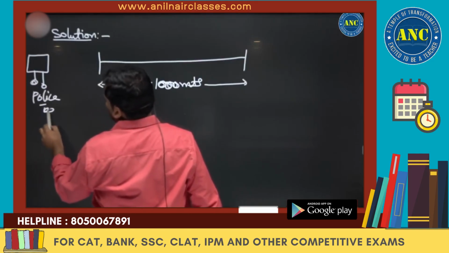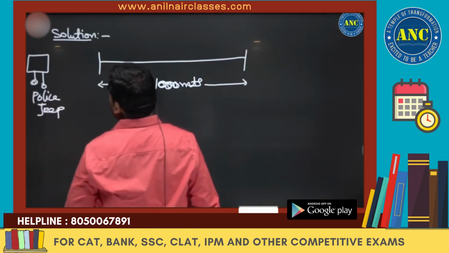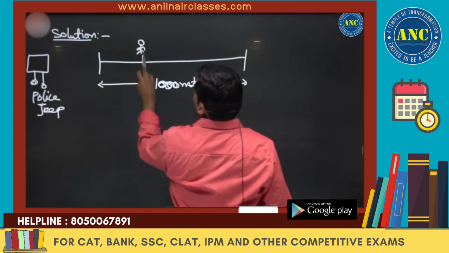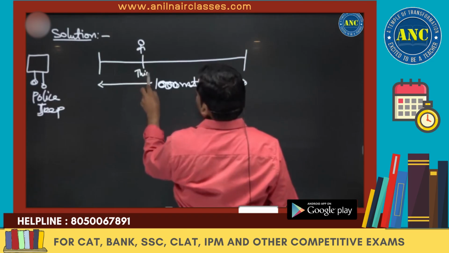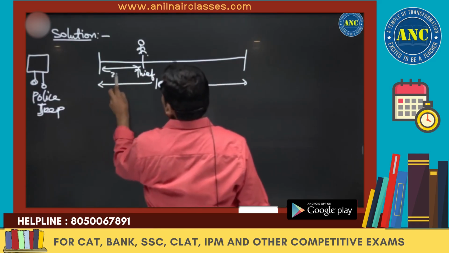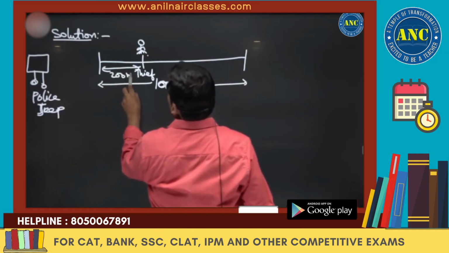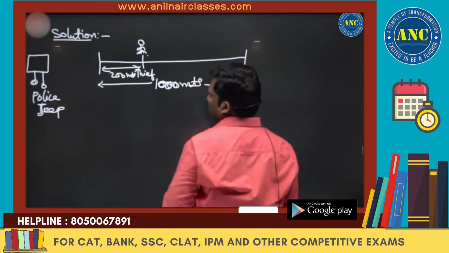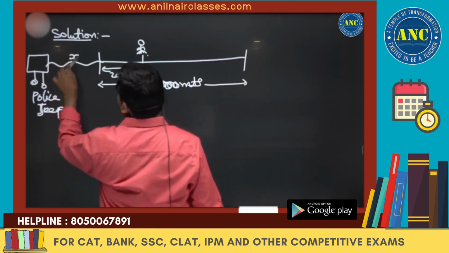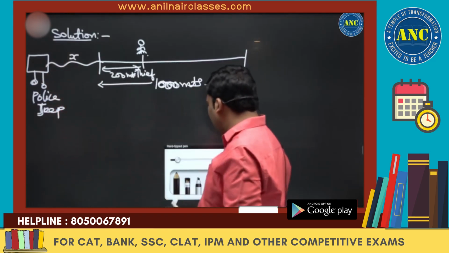A thief is present here. He is a thief. This distance is given as 200 meters. This we don't know, let me call it X.